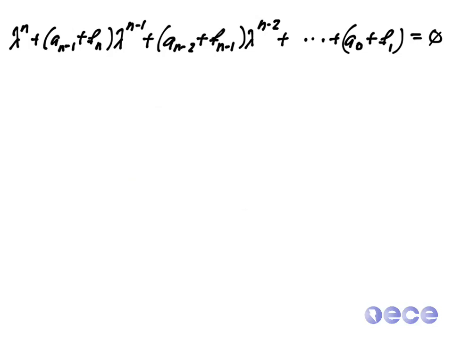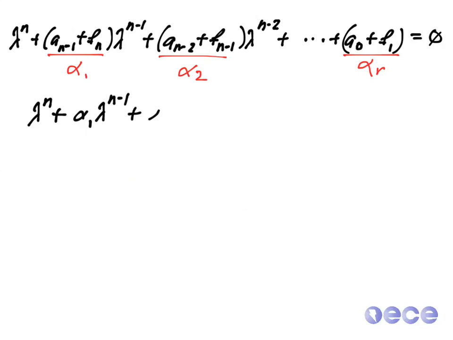And so for our desired closed-loop polynomial, if we choose to call this value here, for example, alpha 1, and we'll call this alpha 2, all the way until we get to alpha n, because that goes all the way to A0. So now we can rewrite our equation as lambda to the n plus alpha 1 lambda to the n minus 1 plus alpha 2 lambda to the n minus 2 plus, until we finally get to alpha sub n, is equal to 0.